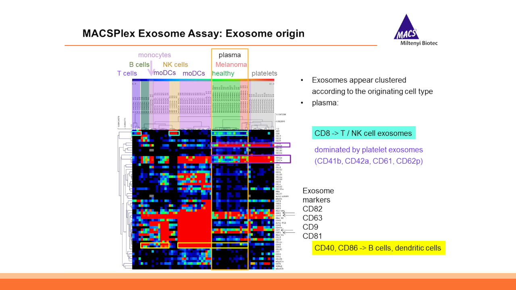And as you can see, the plasma signal is dominated by platelet exosomes, as you would expect, but you could also detect markers for T cells and NK cells, and for B cells or dendritic cells. So this data demonstrates that you can pinpoint exosomes from plasma to the different cell types, and that the plasma comprises mainly exosomes from platelets, but also from immune cells like T and NK cells, B cells, and dendritic cells.